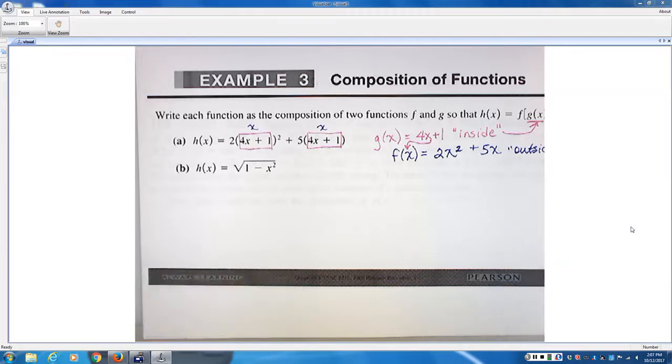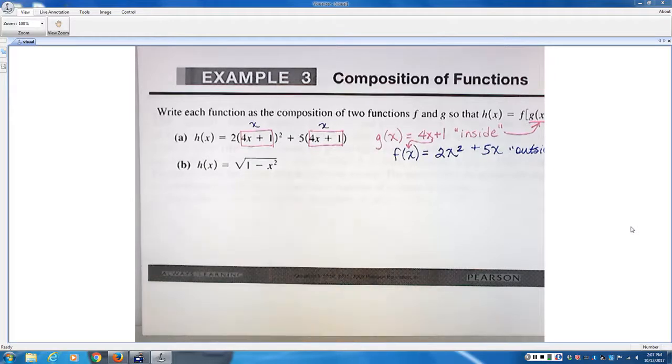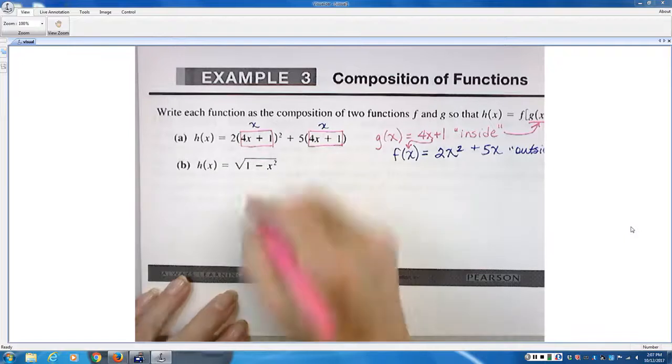And these aren't really calculus concepts in and of themselves, but if you can't pick out the inside and the outside function, then you're not going to be able to do the chain rule right, because you have to know which one you're doing what with. So let's look at h of x. Remember that h of x, again, this time it's the square root of 1 minus x squared. What is your inside function? Exactly.